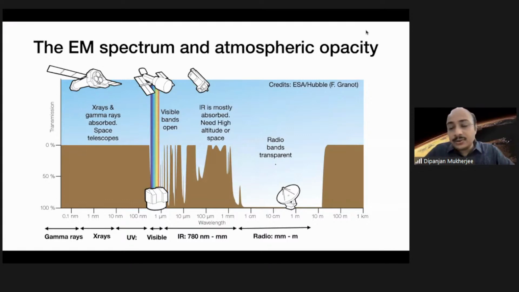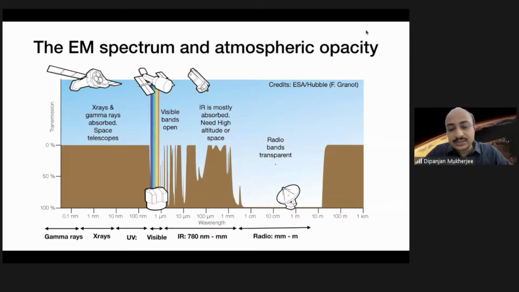And then as we go towards higher wavelengths, to the radio bands, the atmosphere again becomes transparent. So these are the things that you must have a feel for, because this decides whether you can have ground-based instruments or you need to go to space. Having a broad band of wavelength coverage for any given physical phenomenon is absolutely essential.